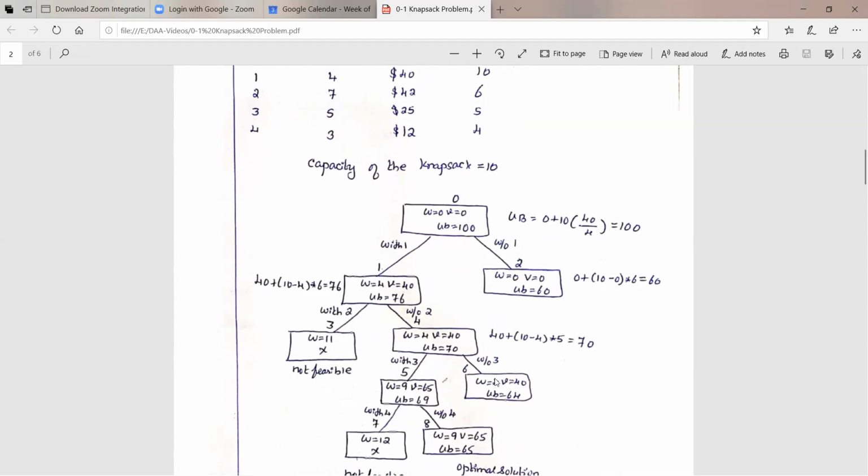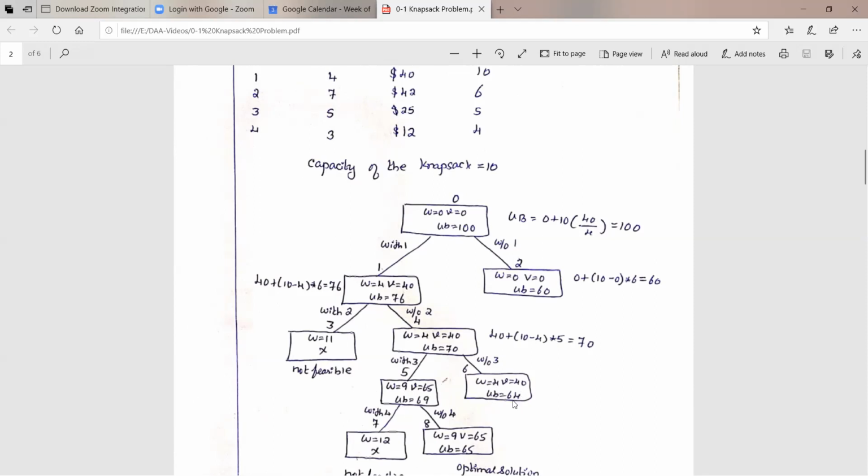Now without 3, we should not include the third object. Only object 1 is included, so w is equal to 4 and v is equal to 40. So 40 plus 10 minus 4, which is 6, into 4. 6 4s are 24, so 40 plus 24 is 64. So if you are considering this, the upper bound value will be 69.